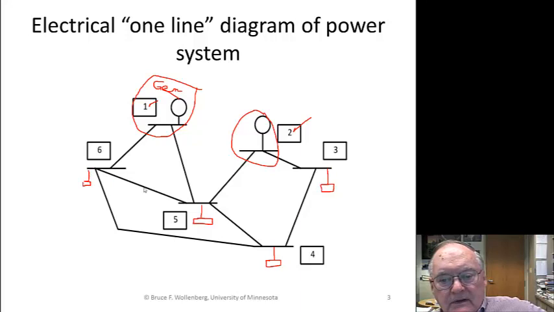And obviously connecting the buses are the transmission lines. So once again, the horizontal line is a bus. If you're an electrical engineer, you're used to the term node. It means the same thing here. And then this is a transmission line.